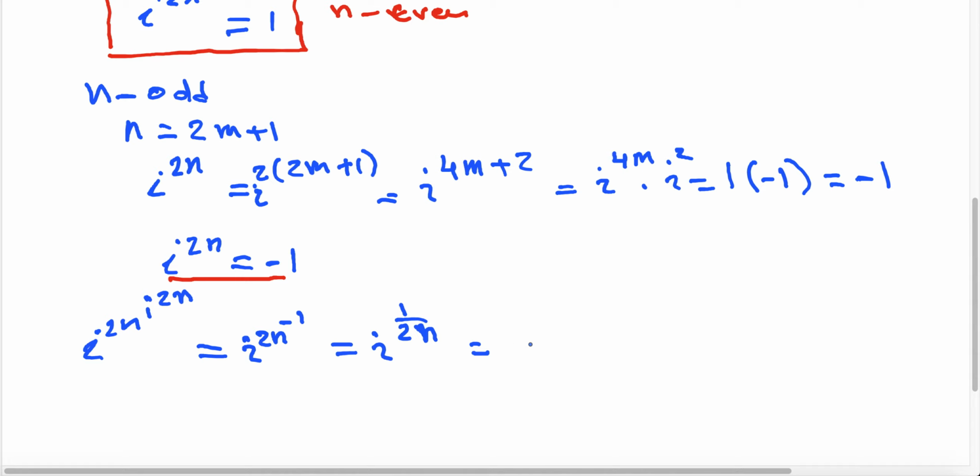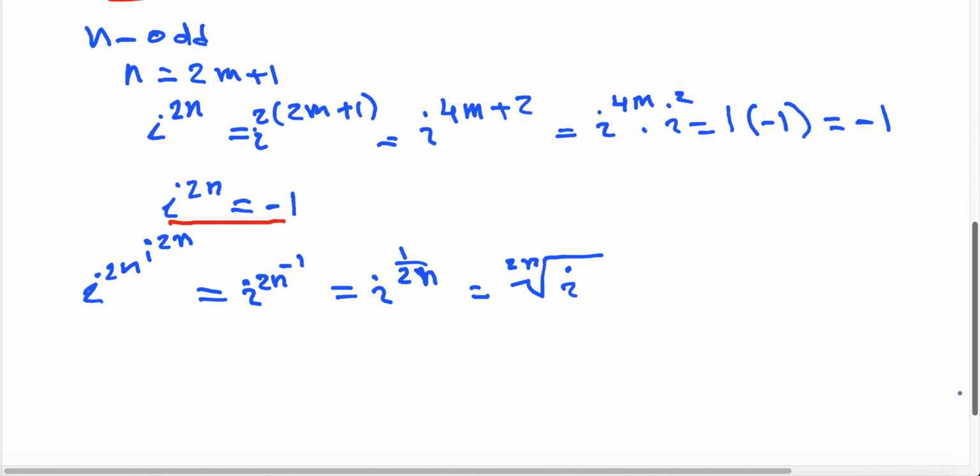And this we can write as the 2n-th root of i. So in other words, let me write this as the final result: i^(2n) to the power i^(2n) is equal to the 2n-th root of i.